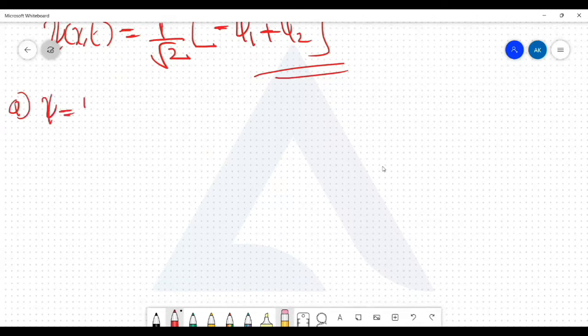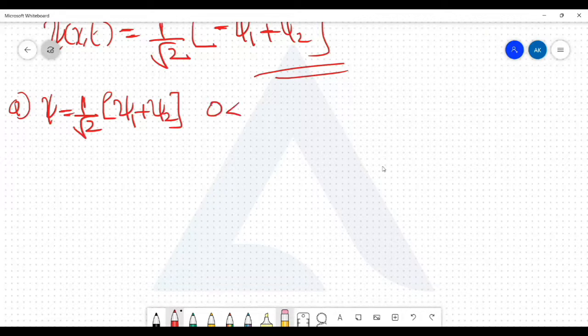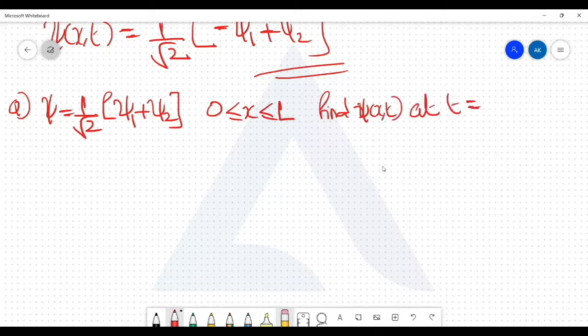Psi equal to 1 by root 2 psi 1 plus psi 2 for 0 less than or equal to x less than or equal to L. That is a one-dimensional box of length L. Find psi of x,t at t equal to 2m L square divided by pi h cross.